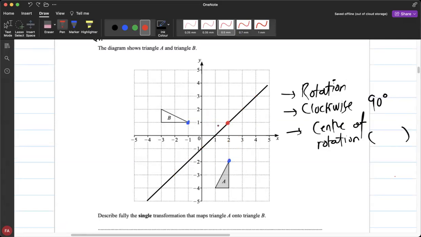The distance from the center to the vertex should also follow the same convention in which the rotation is happening. In a similar way, how far is this? We can say it's almost 5 boxes down and then 1 left. In a similar way, how far is this? That is also the same. That clearly indicates that this point is my center of rotation, which is (2, 1).